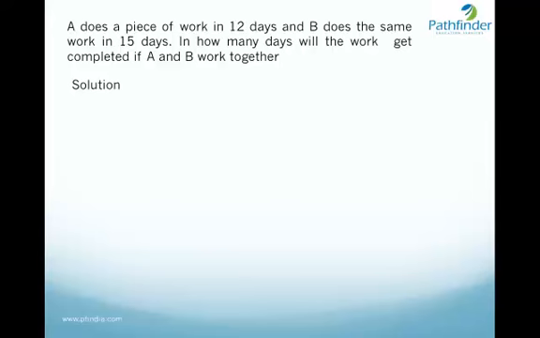Work is being done by A and B together. So it is but natural that their rates should be added. In order to calculate the total rate of work or total one day's work, we need to add the work done by A in 1 day and work done by B in 1 day. Let us see. Rate of A is 1 by 12.